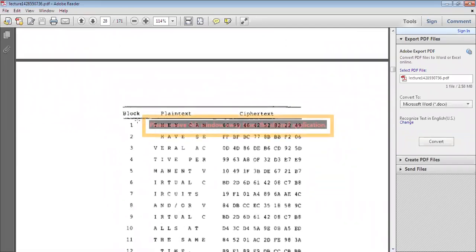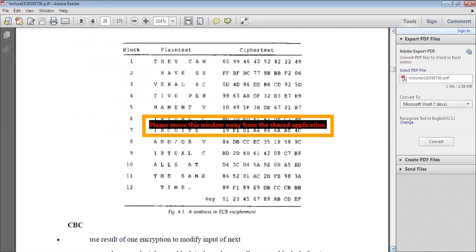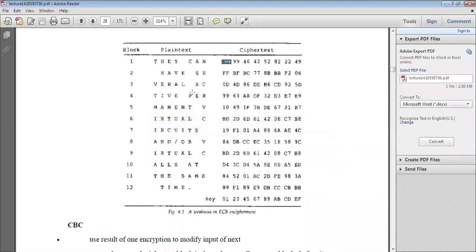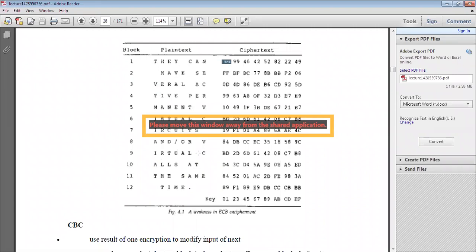In the first block, this is block one. This is the original plain text, and you want to convert this plain text into blocks.